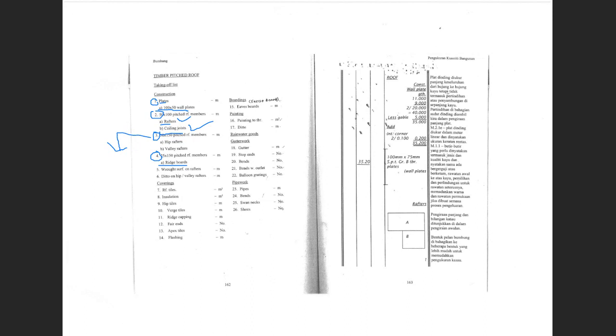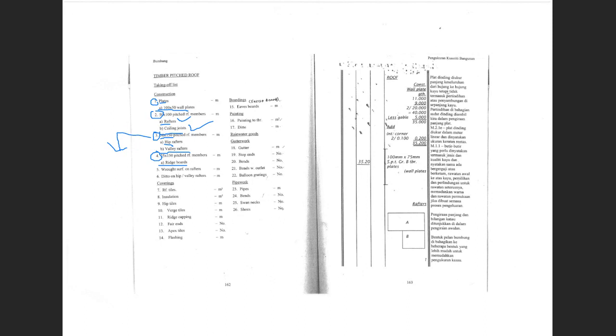The hip and valley rafters have similar sizes, so they put here 50 times 150, a little bit bigger compared to the other type of rafter. I just want to ensure that everyone knows you did not find this information, because you can only see the size in the taking off list but not in the detail. So this is for you to take note of, and for the author to give as an example.